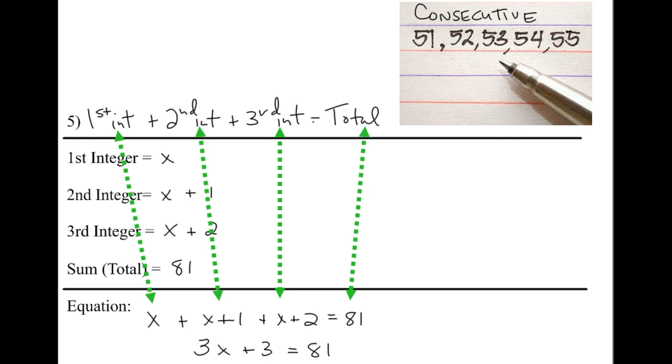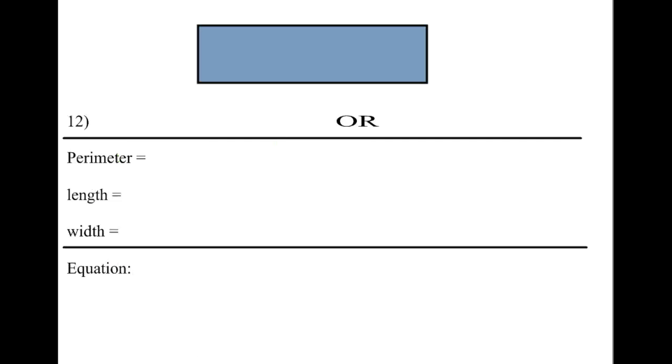The last problem that I asked you to take a look at tonight was number 12. The length of the rectangle is 4 more than the width. If the perimeter is 108, find the length. Okay, so we've got our length, our width, and our perimeter. Some of you will think about your perimeter as adding up the outside.